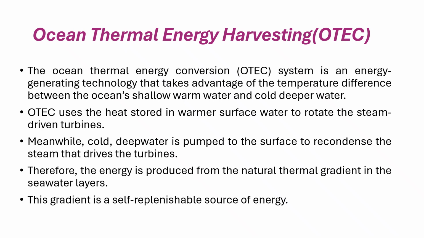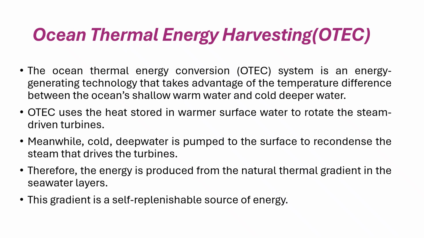The deeper water will be cold and the shallow will be warm, and this difference in temperature is utilized for energy harvesting, which is called OTEC, ocean thermal energy conversion. It uses the heat stored in the warmer surface water to rotate the steam driven turbines.